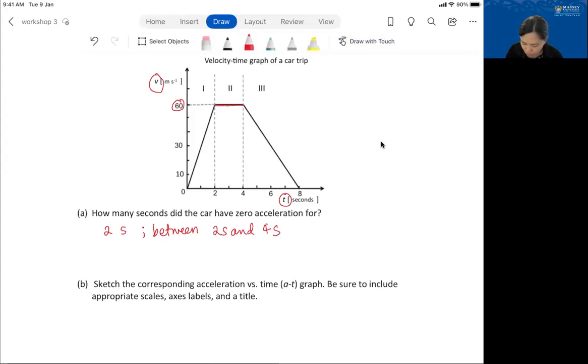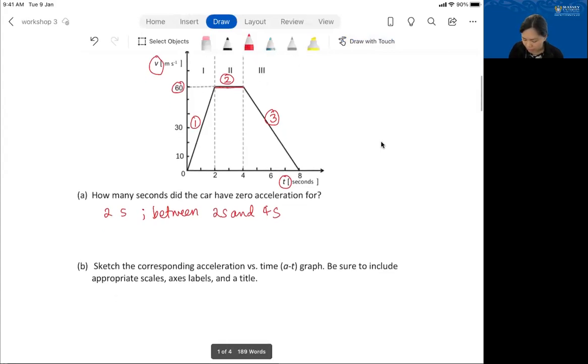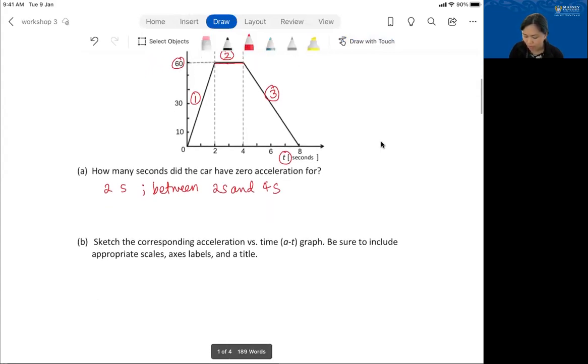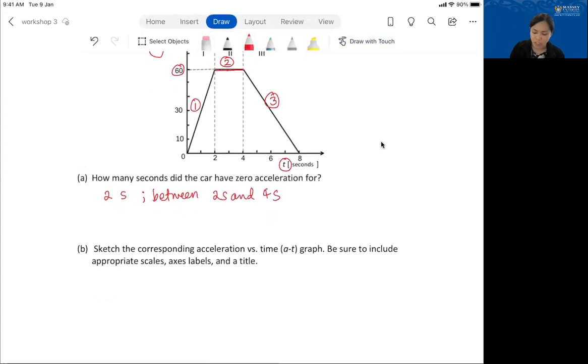The first section is this upwards increasing velocity. The second section has constant velocity, and the third section has this downwards decreasing velocity. To plot the acceleration versus time graph, you need to get the acceleration for each of these sections of the graph.